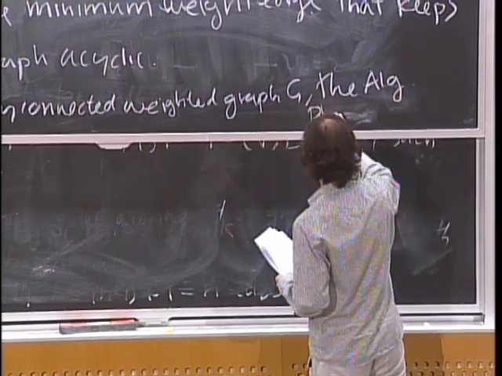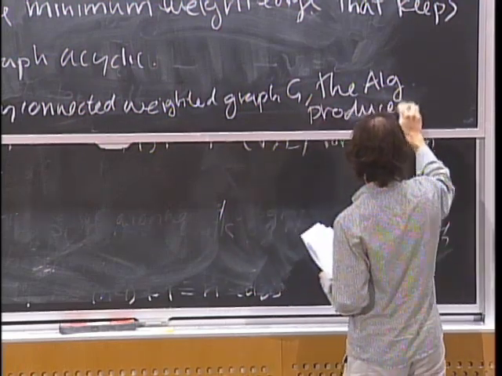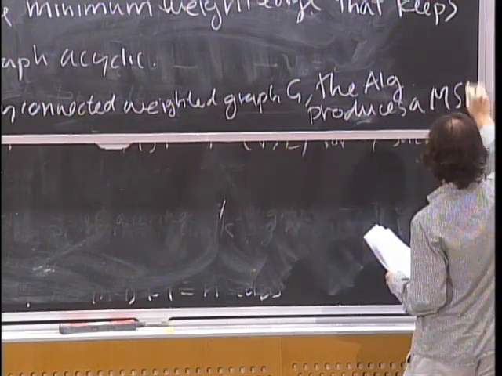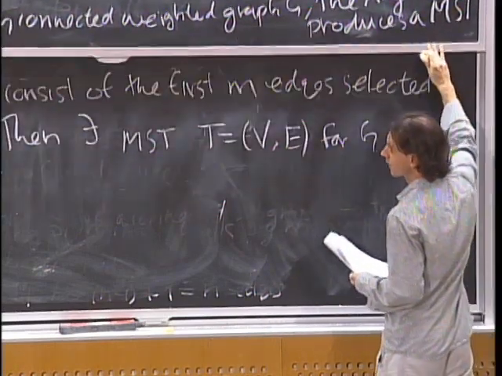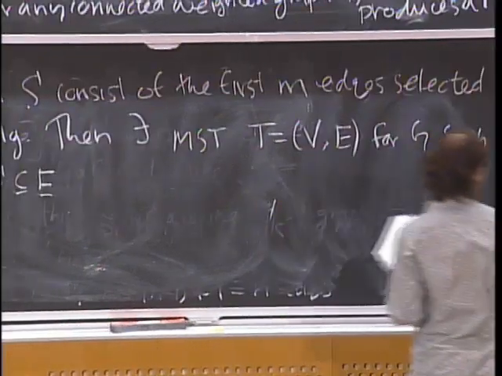The algorithm produces a minimum spanning tree. So how can we prove this theorem?